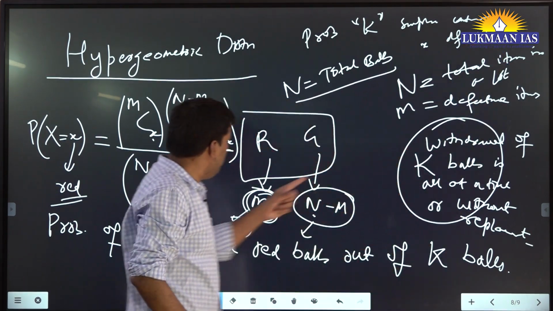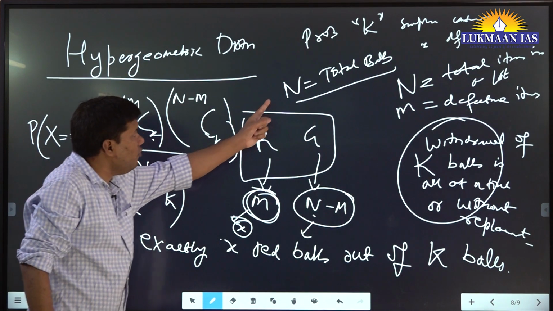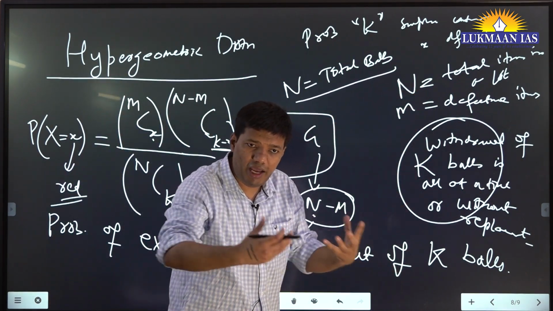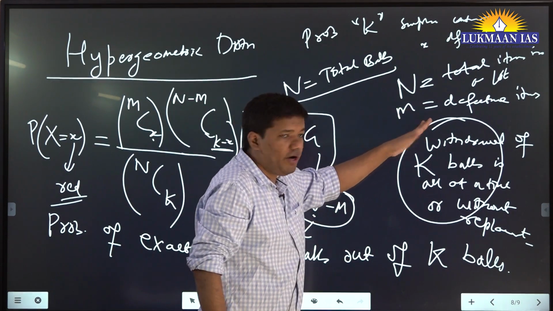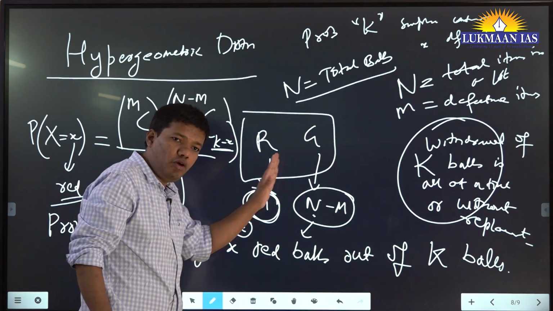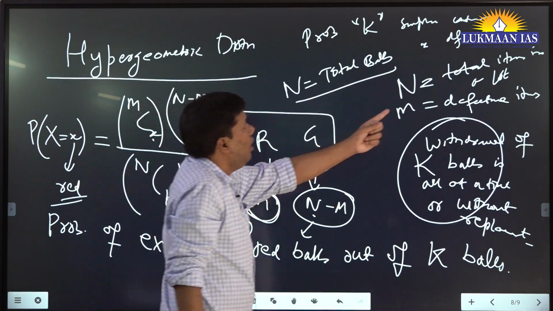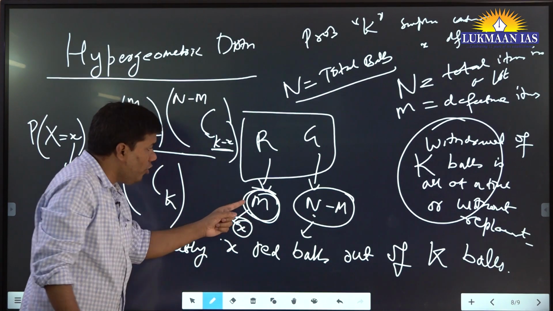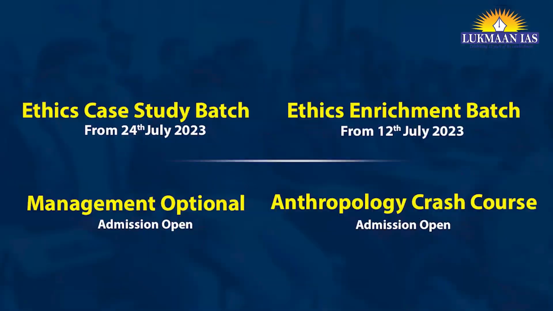Now see, this question and the previous question are not very different. Here you had total N balls; in this question you are ordering N items. Items could be defective or acceptable. Here you had red balls or green balls, only two types. Total defective items there are M; here your red balls are M. Now you took a sample of k.